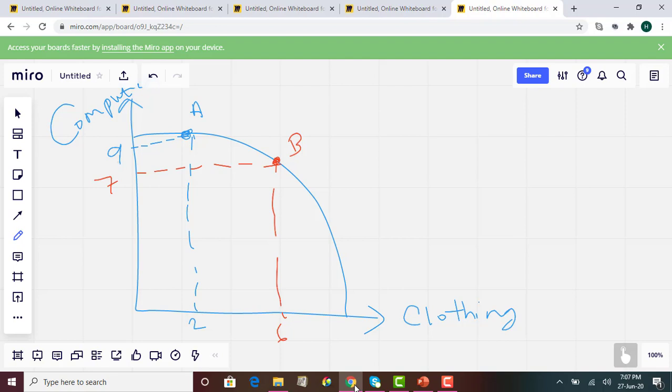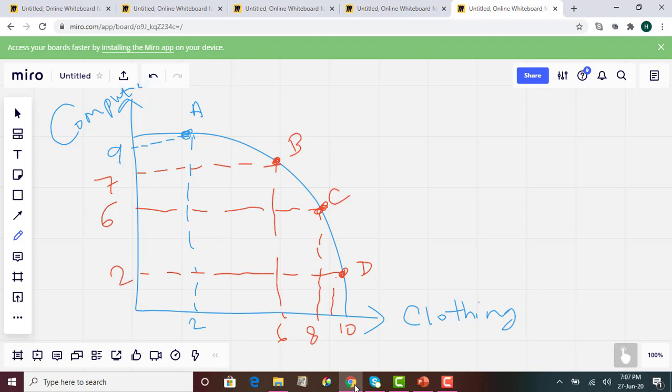Okay, then we have point C. Let's say we have 8 clothing and we have 6 computers. Okay, then we have point D. Let's say we have 10 clothings and 2 computers.